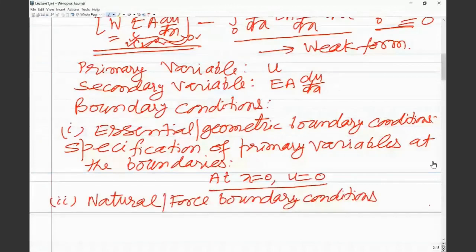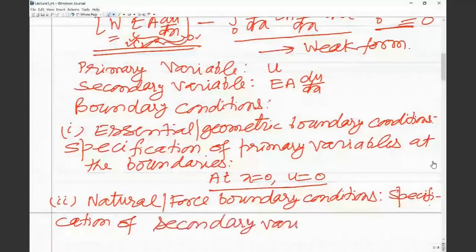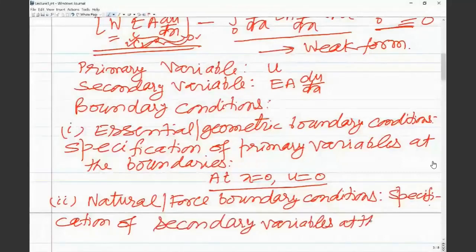These are the specification of secondary variables at the boundaries.